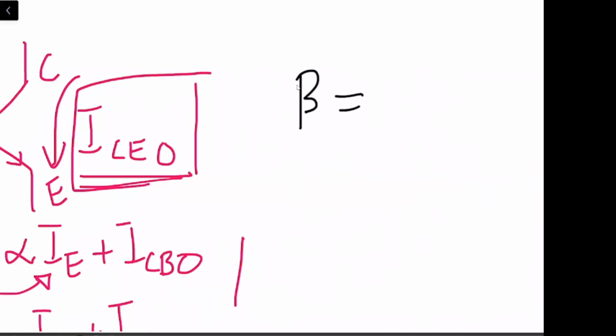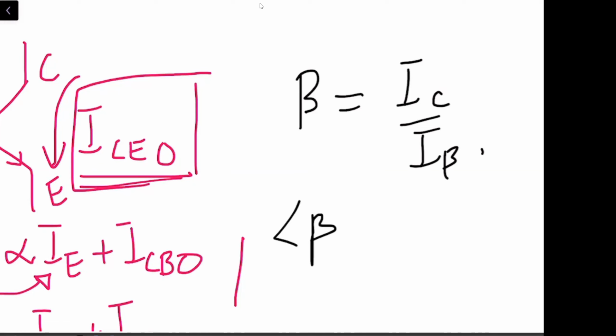Now beta is basically the ratio of IC to IB, right? And normally the value of beta varies between 50 to 250.